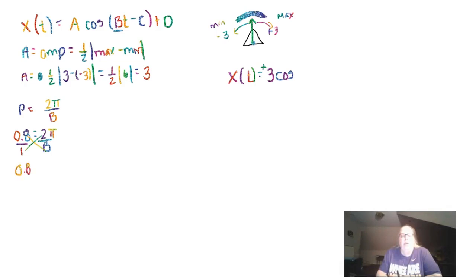That gives me 0.8 times b equal to 2 pi, and solving for b, I divide out the 0.8, and b is going to be equal to 5 pi over 2. So now we've got 5 pi over 2 times t.